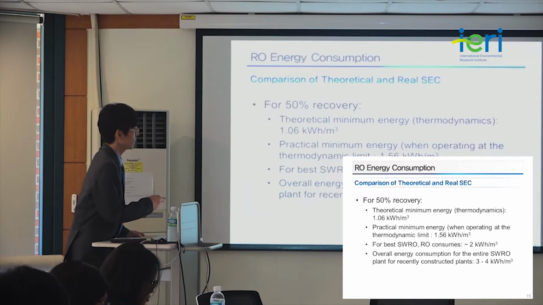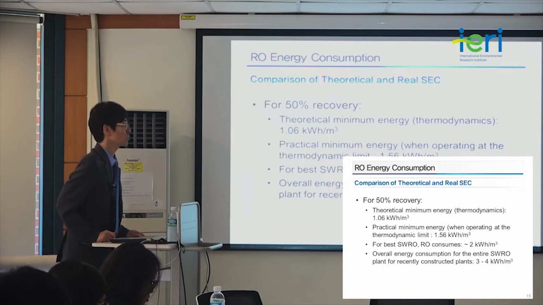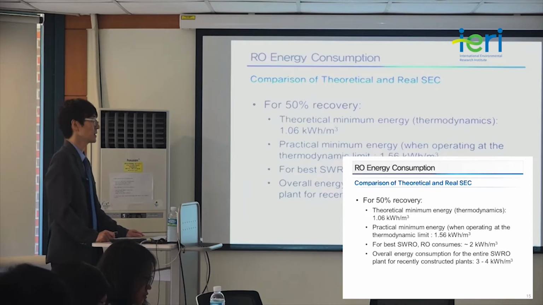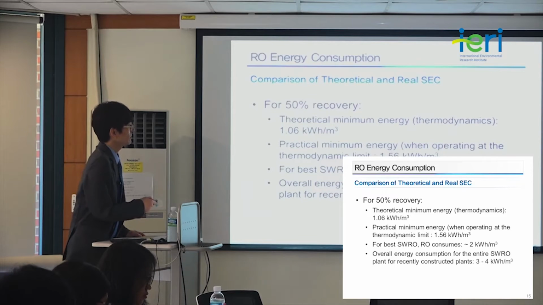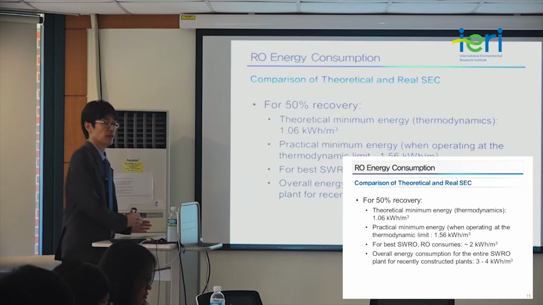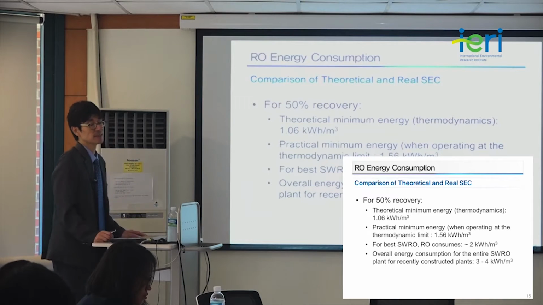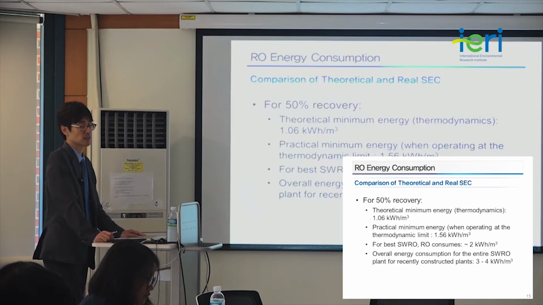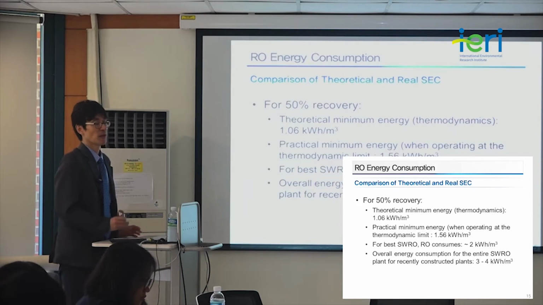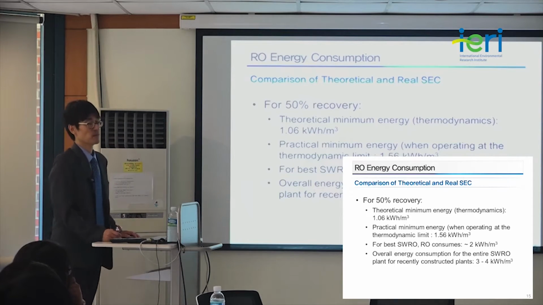So the best seawater reverse osmosis system consumes more than 2 kilowatt hours per cubic meter of energy. And later we'll see that, without having intake or pre-treatment or post-treatment, we cannot operate the seawater desalination system. So in addition to the reverse osmosis, we need other processes that will spend more energy.